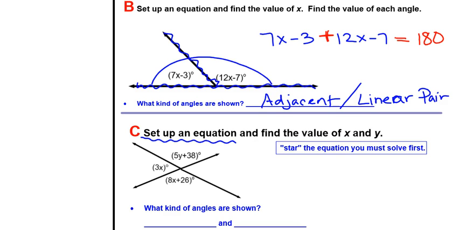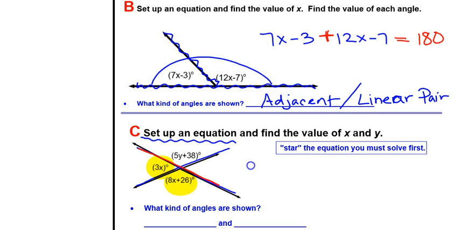What I notice on this picture is that we have these intersecting lines, and the intersecting lines are the ones that make your vertical angles. Those are the ones that point at each other. When you're looking at these problems, remember that you want letters that look alike to go together. So I do notice that I have these two as both x's, and so I would first think of a way to put those together.